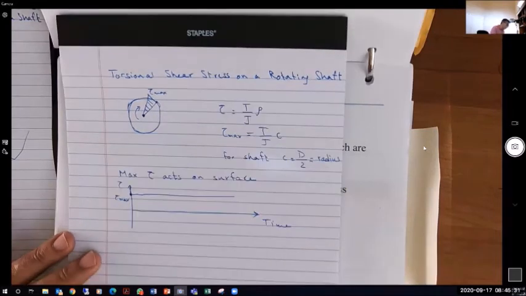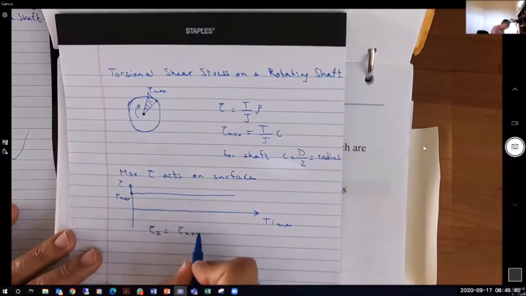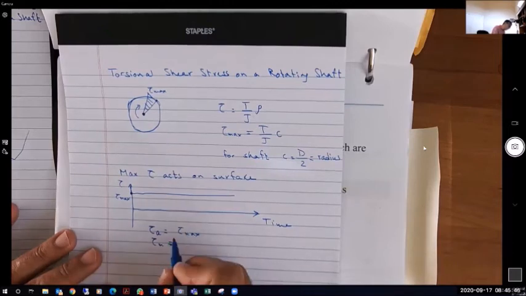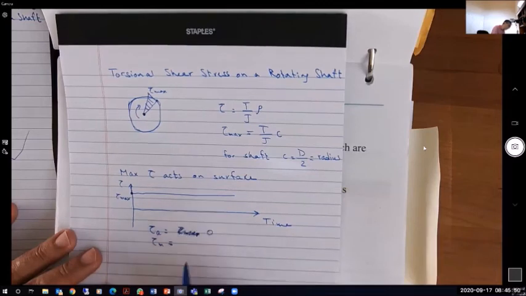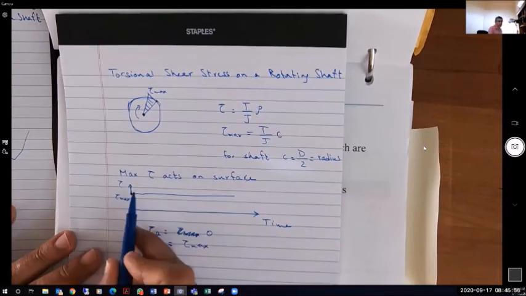From this, I can conclude that there is no alternating component. Tau A is 0 and tau M is equal to tau max. This is the mid-range or the steady stress.